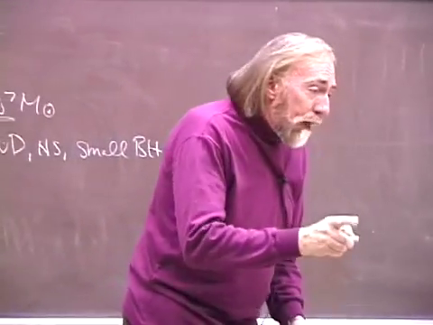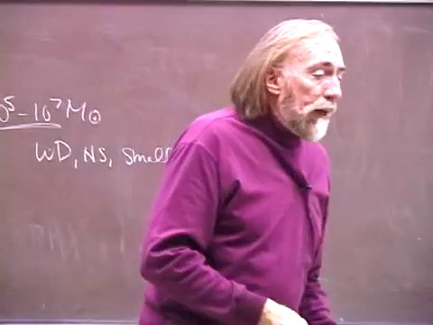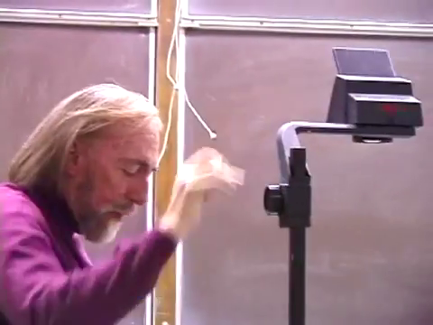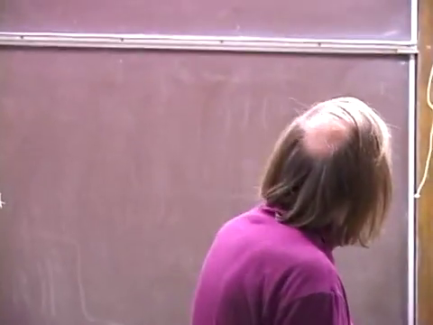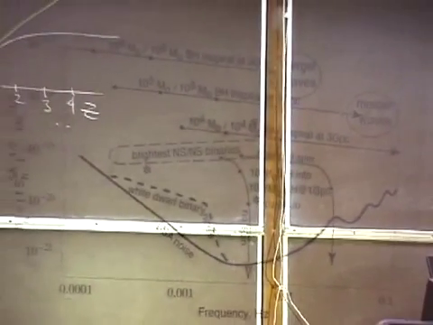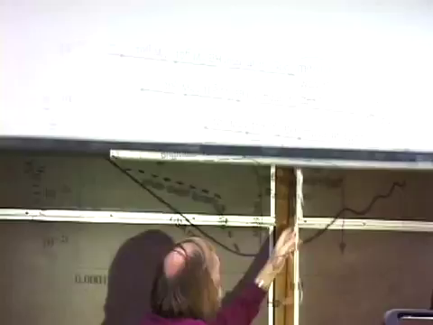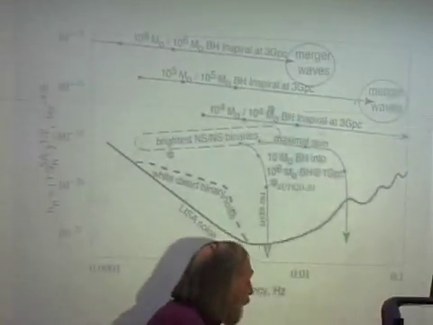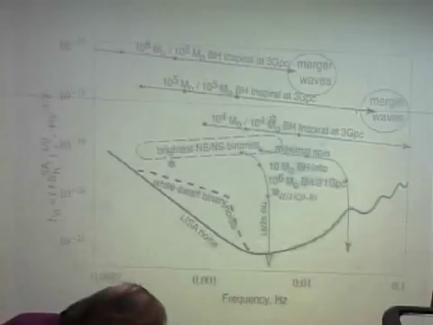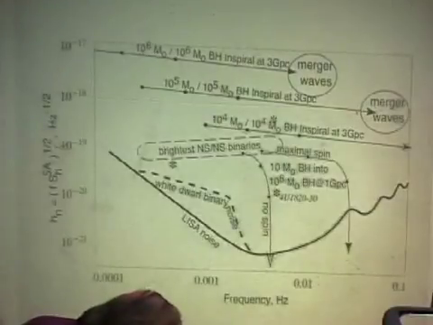Now, I want to show you the signal-to-noise ratios for white dwarfs, neutron stars, and small-mass black holes spiraling into supermassive black holes, with supermassive black hole masses in that range of 10 to the 5 to 10 to the 7 solar masses. And I've just picked one specific set of numbers from which you can scale things.